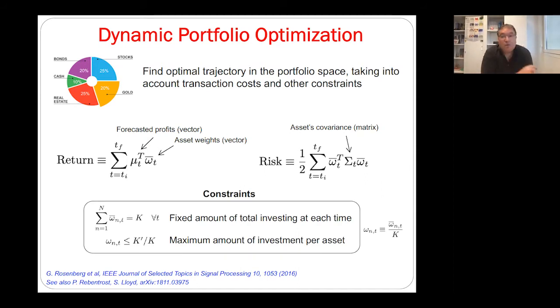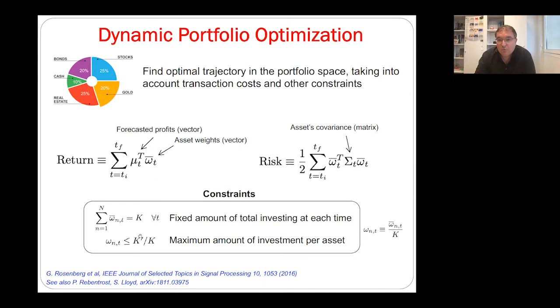All right, now the constraints that we are going to impose are the following. These are the first two. First, we are going to impose that we are investing a total amount K, on the whole. So this is fixed. The second constraint is that there is a maximum allowed investment for each asset, and this is going to be K prime.